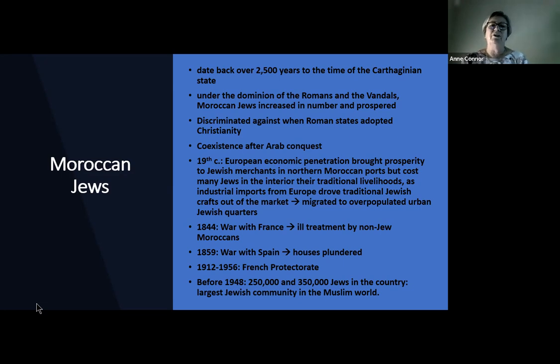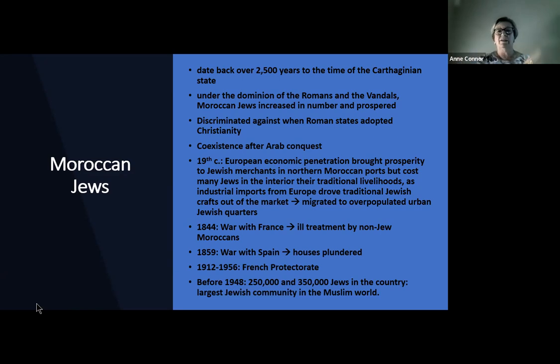There was a pretty good coexistence after the Arab conquest. And then in the 19th century, the European economic penetration brought prosperity to Jewish merchants in northern Moroccan ports, but cost many Jews in the interior their traditional livelihood. Industrial imports from Europe drove traditional Jewish crafts out of the market.